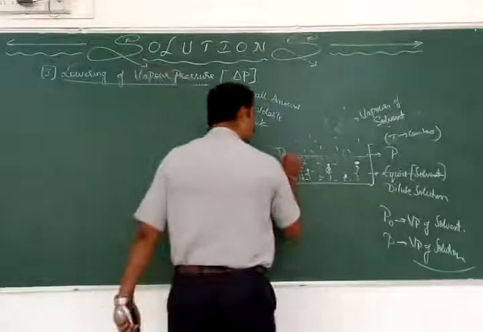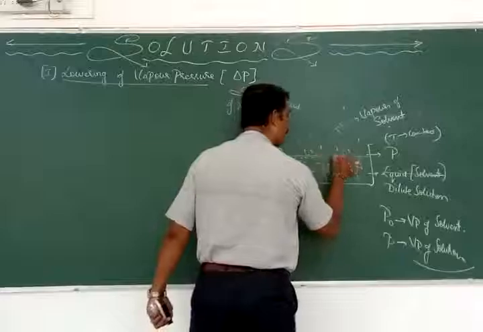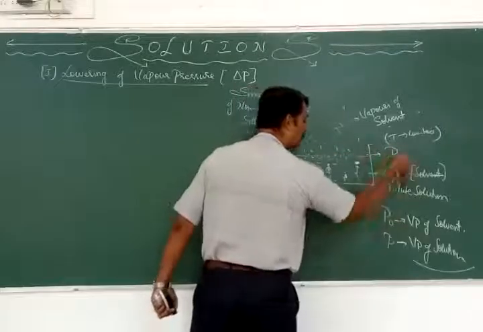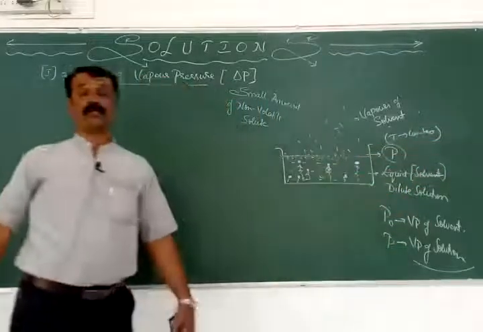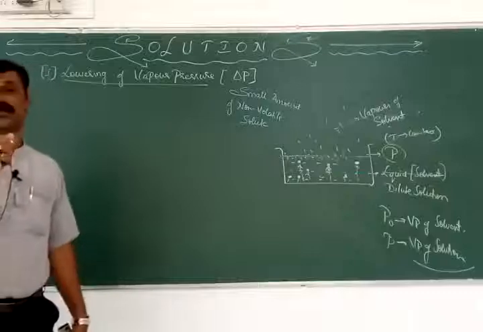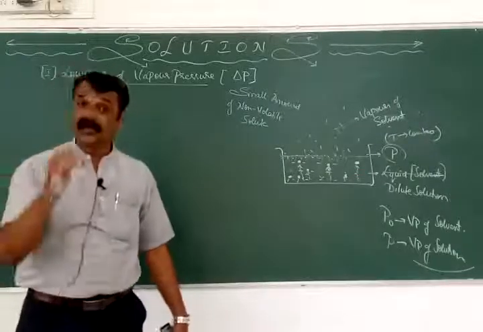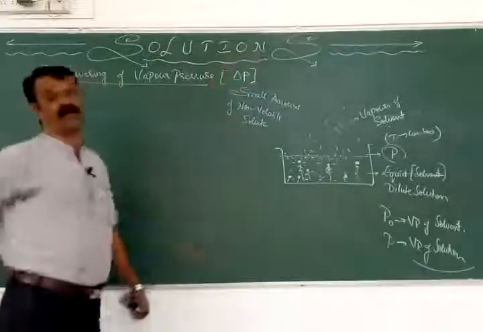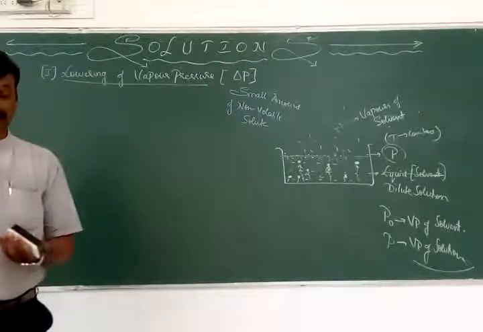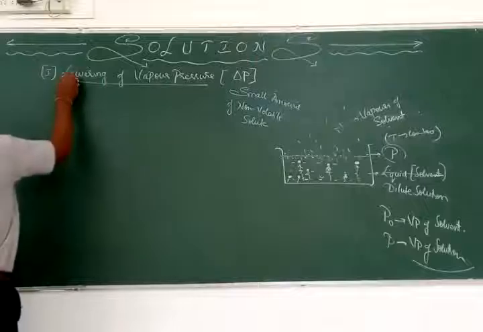Okay. So here we are expecting one vapor pressure, and that vapor pressure is called P, the vapor pressure of the solution. The vapor pressure here gets decreased. That is why it is called lowering of vapor pressure. Therefore, how do we define this?